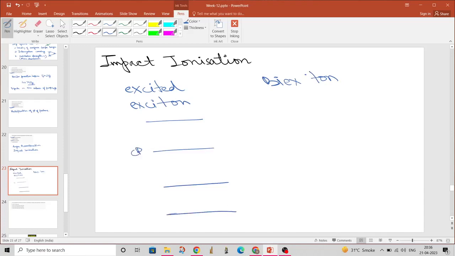This is conduction band, this is valence band, this is a hole, this is an electron.